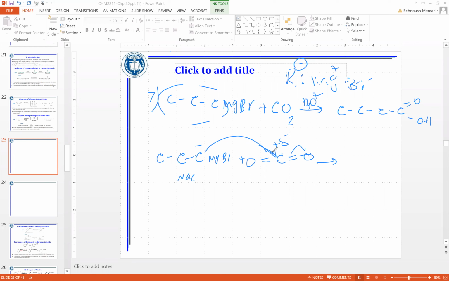Because carbon has 4 bonds already in carbon dioxide, and that's the maximum number of bonds that carbon can have. Carbon cannot have 5 bonds. When the nucleophile attacks and forms a new bond, you are forcing a 5th bond onto this poor carbon, and that's not possible, and it's going to make the carbon very unstable.